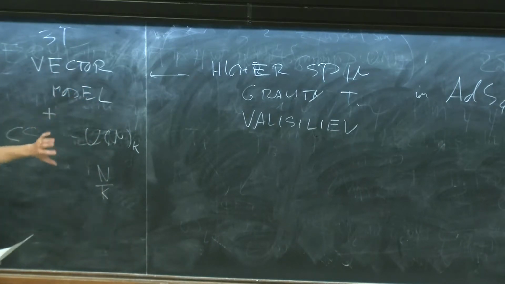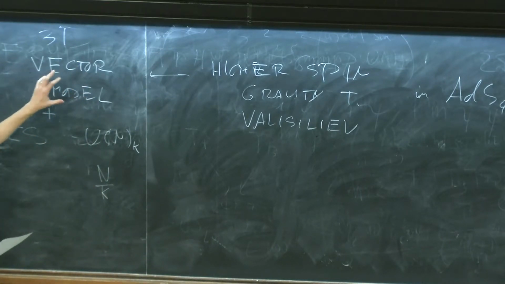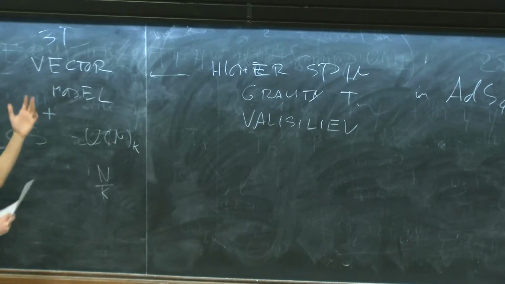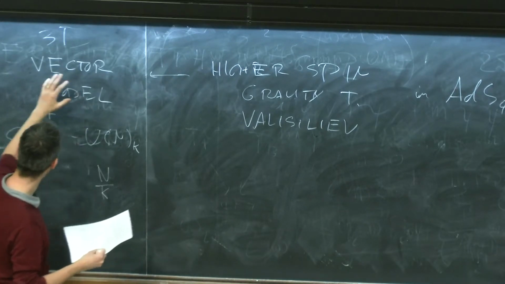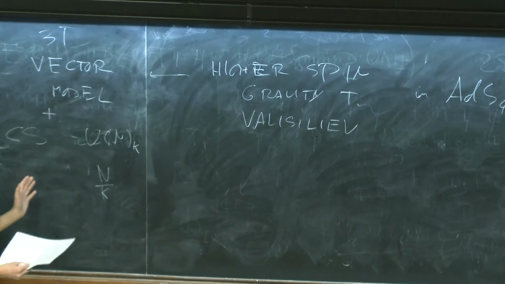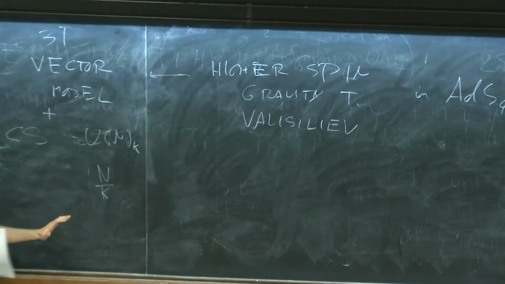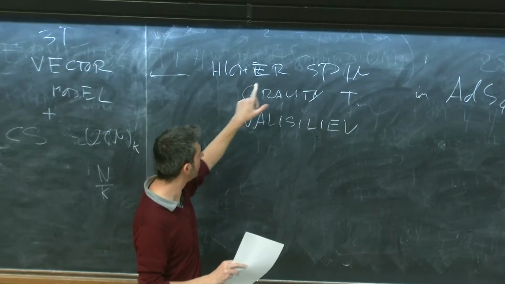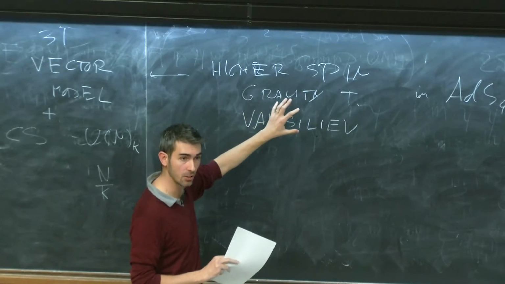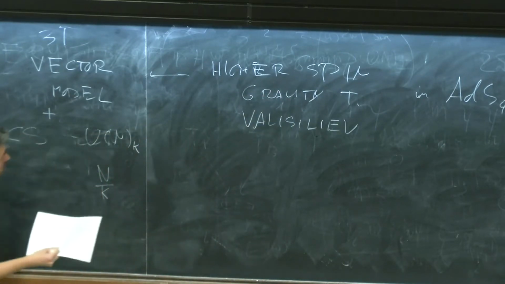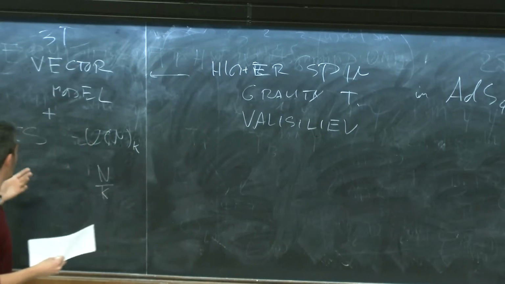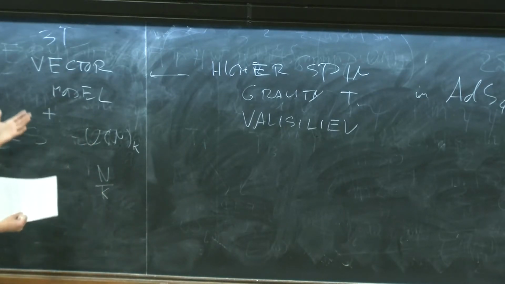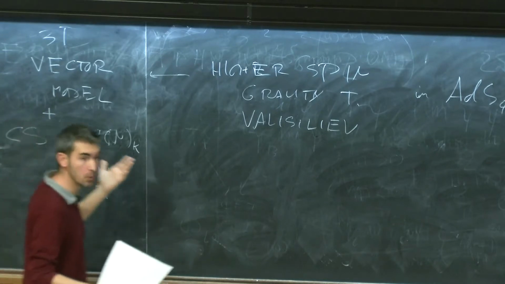In this duality, the vector models could contain either scalars or fermions, but in fact, in this generalization, it turned out that both the model constructed with the scalars and the model constructed with the fermions were dual to the very same higher spin gravity theory of Vasiliev, and so this was suggesting that the two theories should be dual.